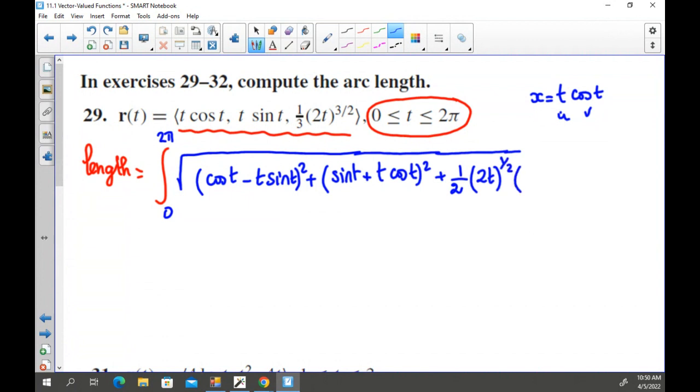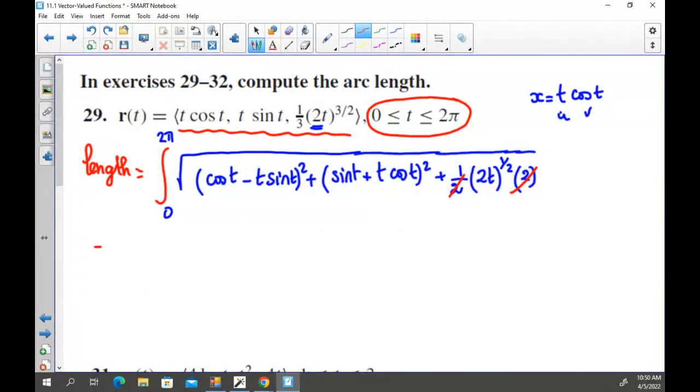And then I shouldn't forget the derivative of 2t, which is 2. Of course, this half with the 2 will give you 1, so we can cancel that.